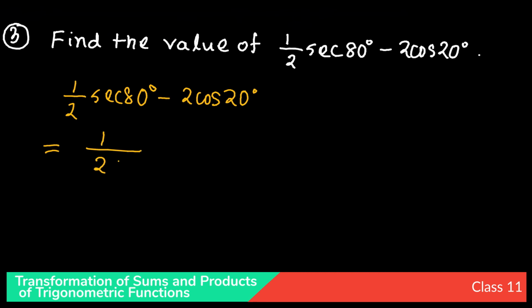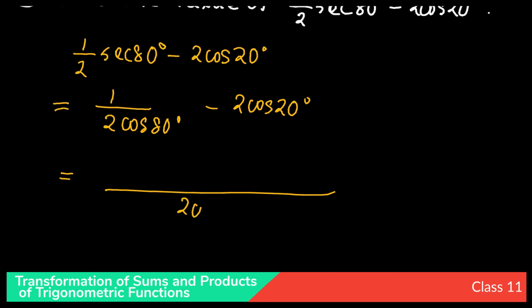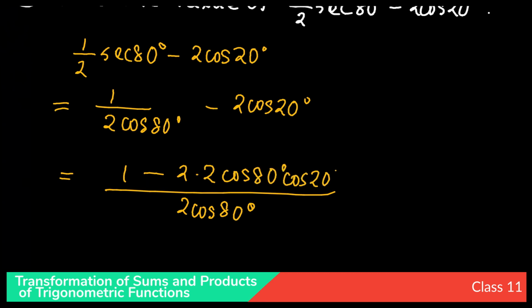So I can write 1 by 2 cos 80° minus 2 cos 20°.